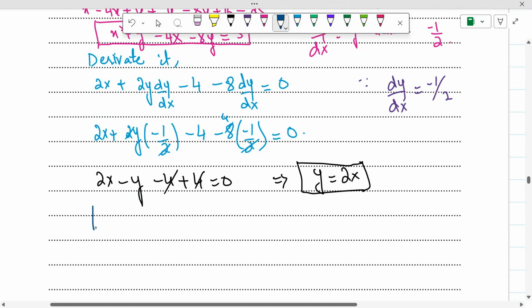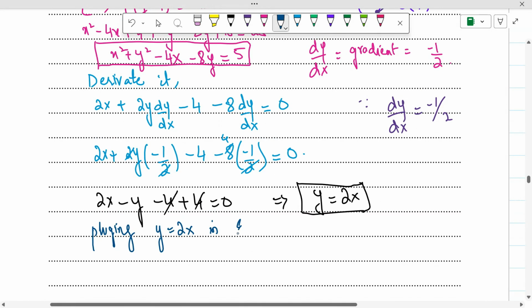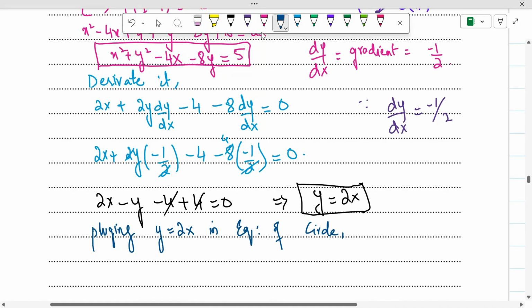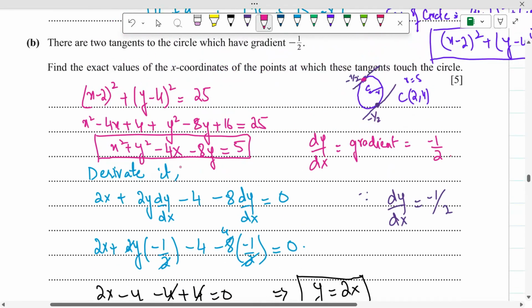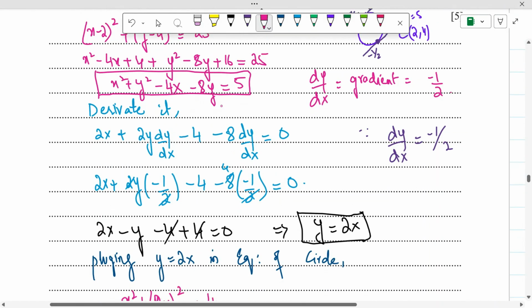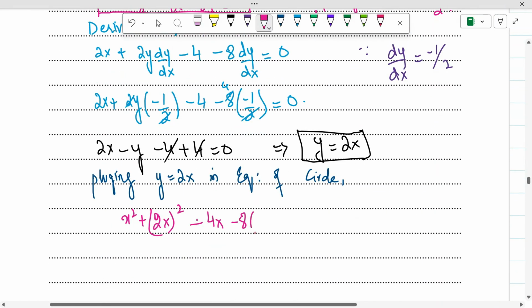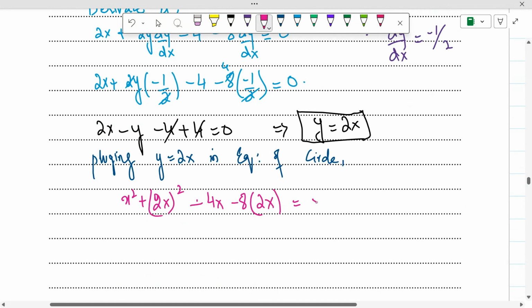So plugging y = 2x in the equation of the circle, the equation of the circle is x² + y², which means x² + (2x)² − 4x − 8y, which means minus 8 times y, which is 2x, equals 5.